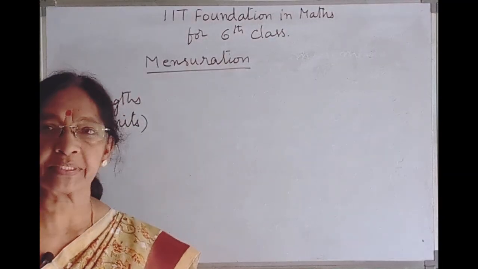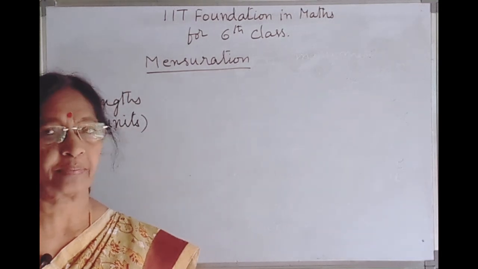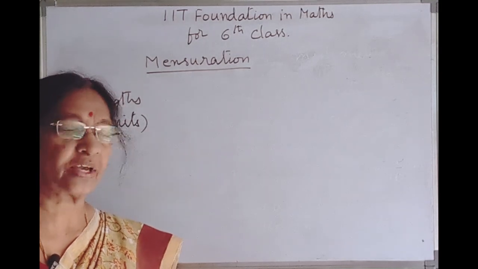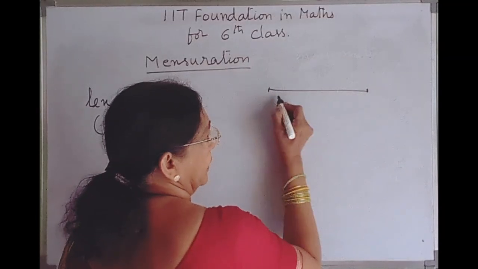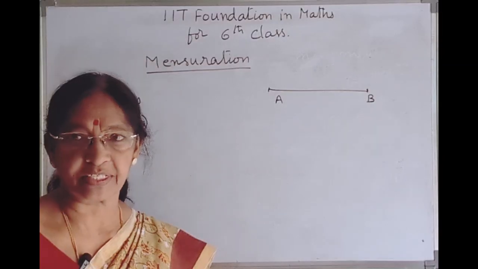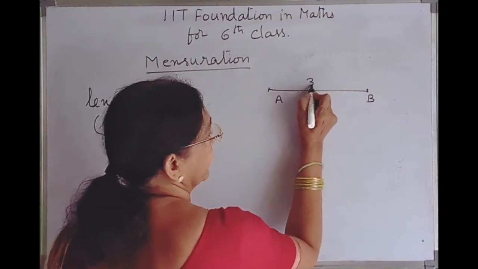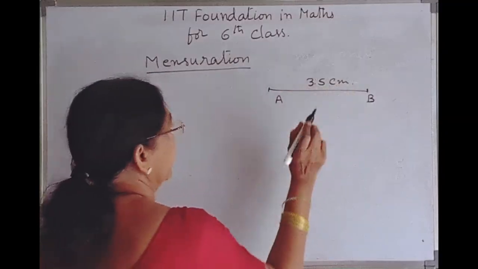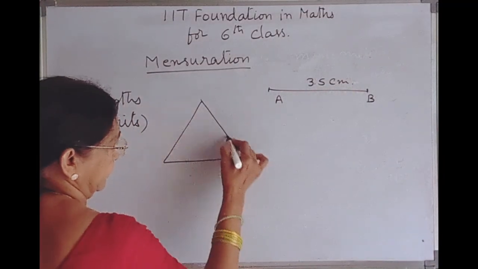Length of line segments, perimeter of triangles, perimeter of polygons, etc. are measured in the units of length. For example, AB is a line segment. Its length is measured in centimeters using a scale. For example, this may be about 3.5 centimeters. That is a length.